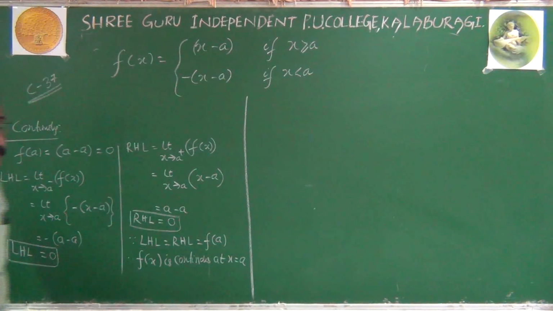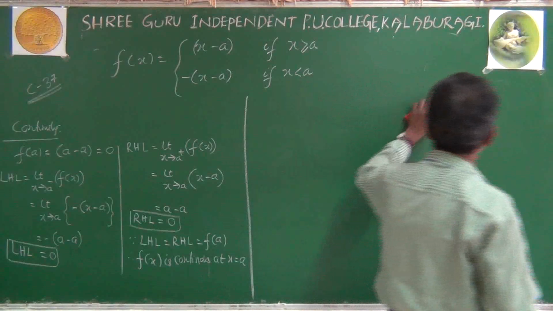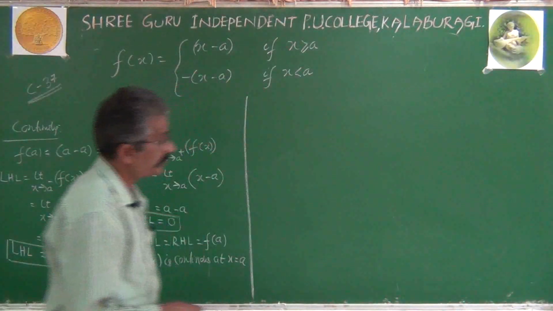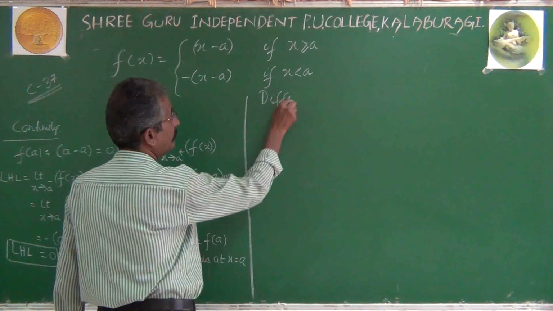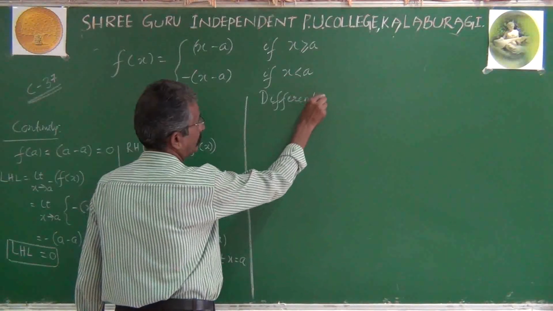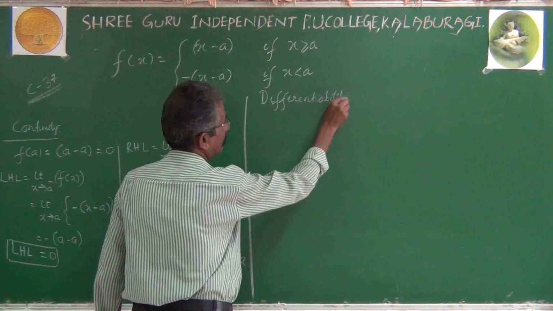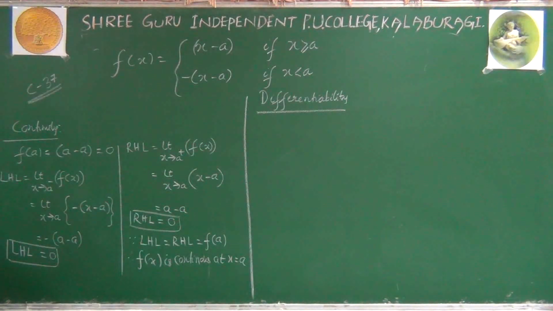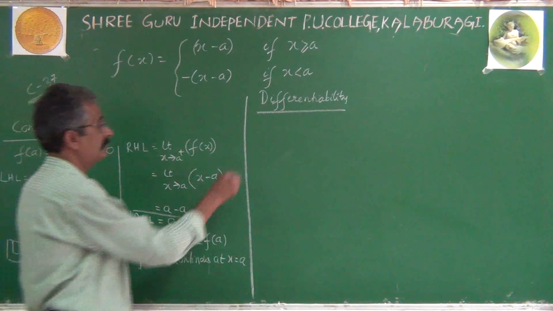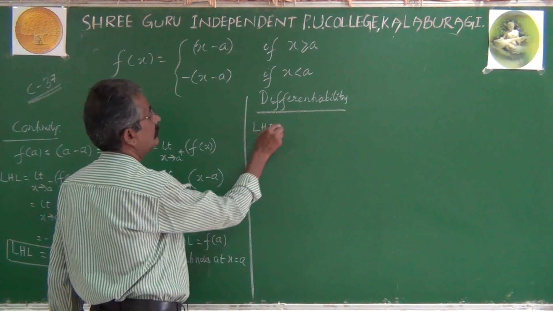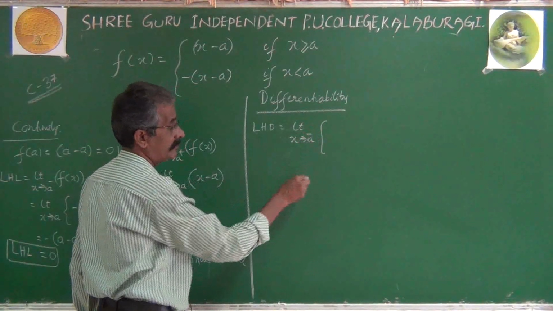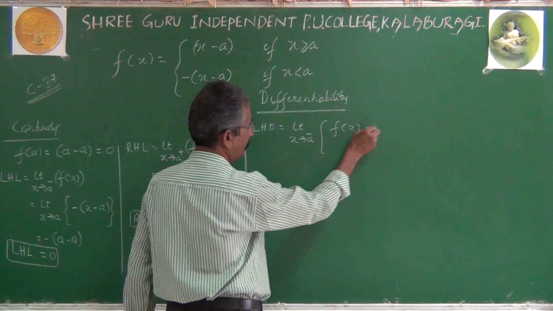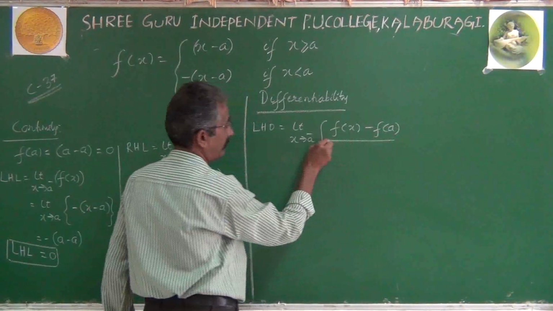Let's analyze the same function for differentiability also. Now, the testing of differentiability. Can make a heading, differentiability for the same given function. For differentiability, we have to find out LHD, RHD. Left-handed derivative is limit x tending to a minus of (f of x minus f of a) divided by (x minus a).